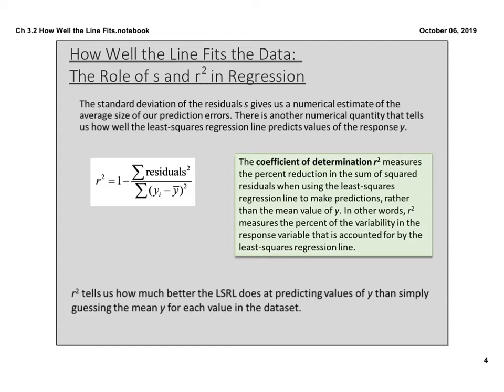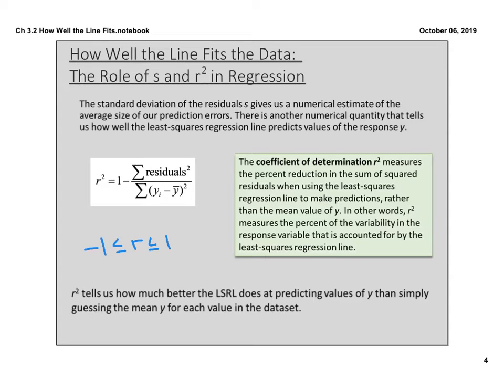The cool thing about it being the square of R is that one thing we know about R is that it must be between -1 and 1, right? So we know that a perfectly negative correlation has an R of -1. A perfectly positive association or correlation has an R of +1.